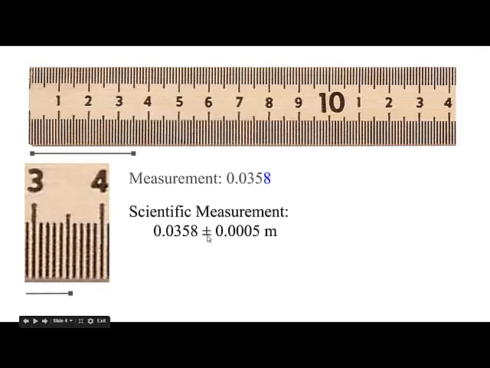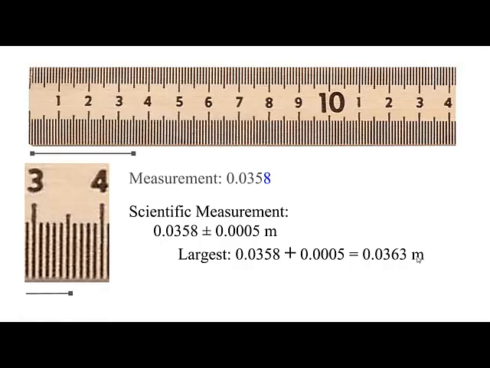Okay, but what does that mean? So basically the plus minus says that we can form a box around this measurement and everybody in the world should agree with these measurements. And so if I added 0.0005, the largest value that would be acceptable is 0.0365 meters.